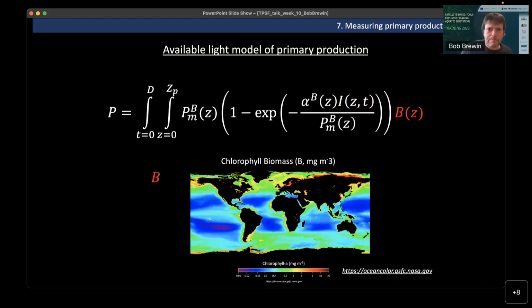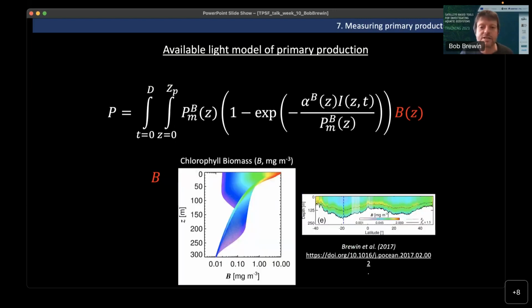And finally, our biomass. I talked a bit earlier about the importance of scaling to phytoplankton biomass. So we can get chlorophyll concentrations very nicely at the surface from space. But of course, that's only at the surface. If we want to know what's happening further down the water column where the satellite can't see, but where there's still light available for photosynthesis, we need to be able to model or extrapolate those surface observations down to depth.